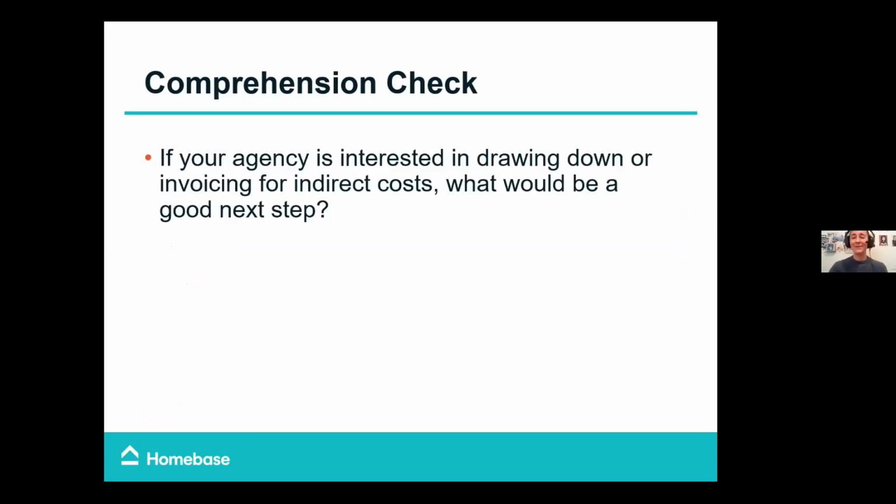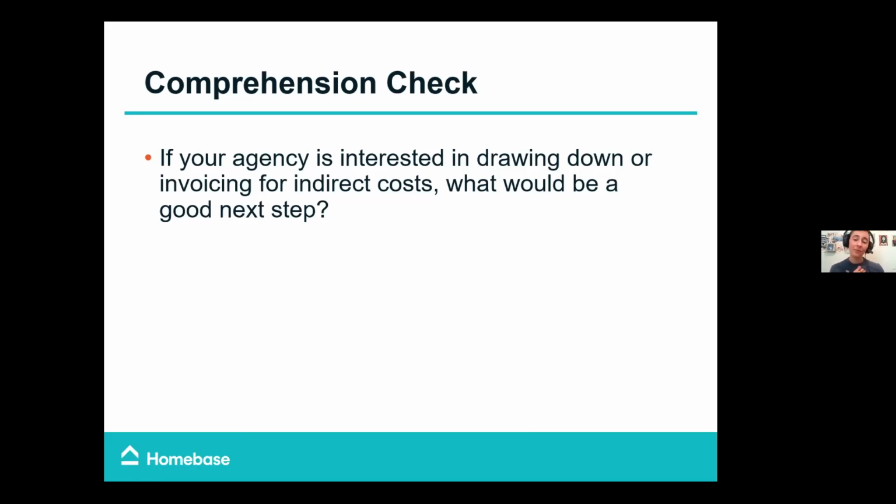Okay, so quick comprehension check here, more just a reminder. If you're interested in drawing down indirect costs, or you think you may be interested, what would be a good next step at this point? You're not doing it yet, you might be interested.